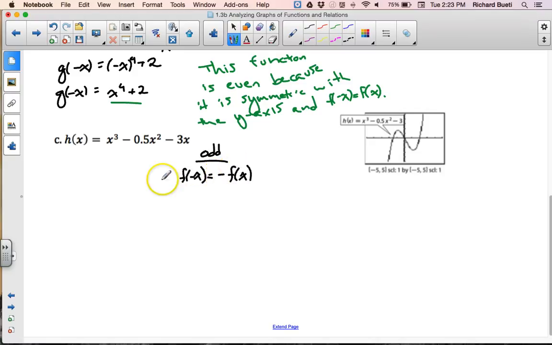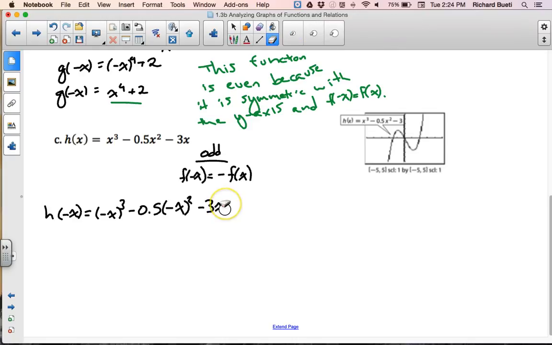So let's start and deal with f of negative x, or h of negative x. I'm going to evaluate h of negative x, which means wherever I see an x cubed or an x, I'm just going to plug in a negative. So this will be negative x cubed minus 0.5 times negative x squared minus 3 times negative x. Okay, well let's evaluate this and clean this up.